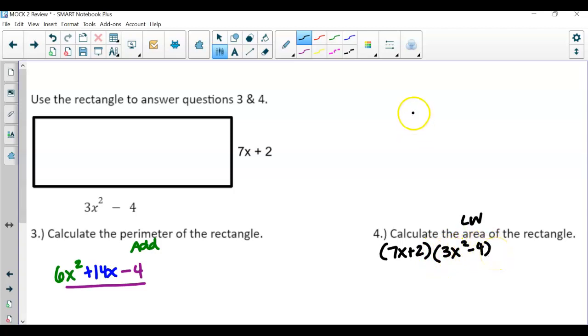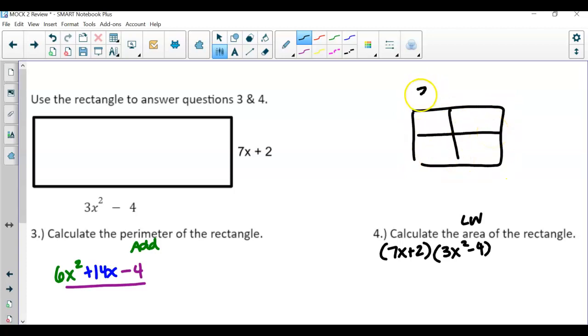I'll go ahead and do box method with this one as well. So our 2 by 2, I've got 3x squared minus 4 and 7x plus 2. So now I've got 21x cubed, minus 28x, then 6x squared, and negative 4 times 2, negative 8.